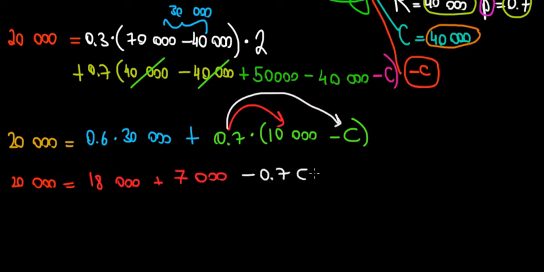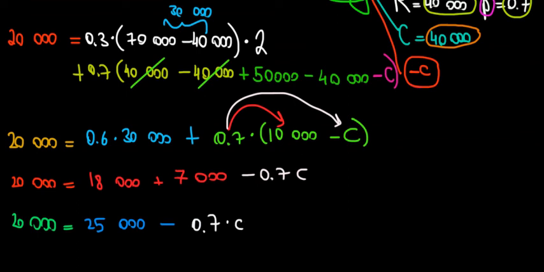Okay, what are we left with? We have now 20,000 equals 18 plus 7, so that's equal to 25,000. 25,000 minus 0.7 C. So minus 0.7 multiplied with C.